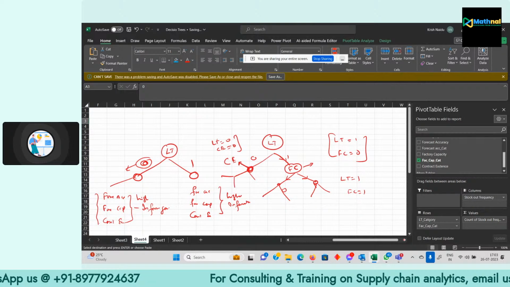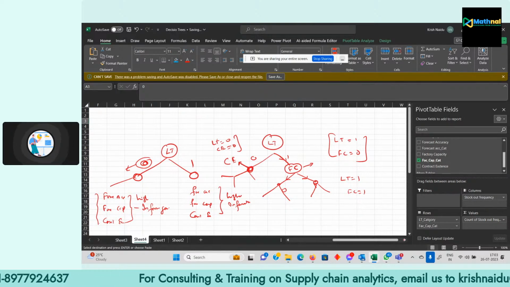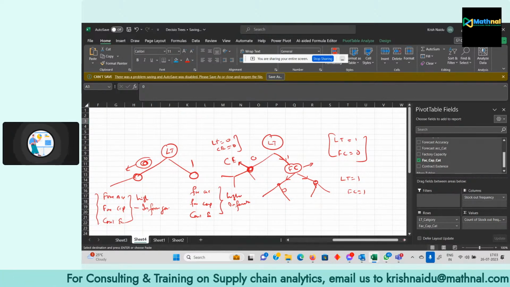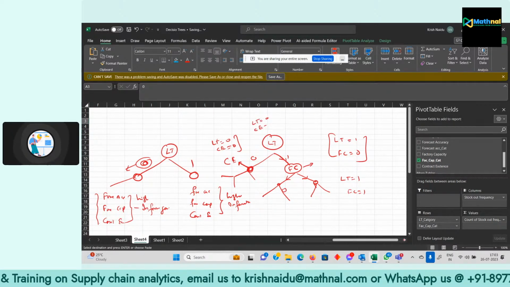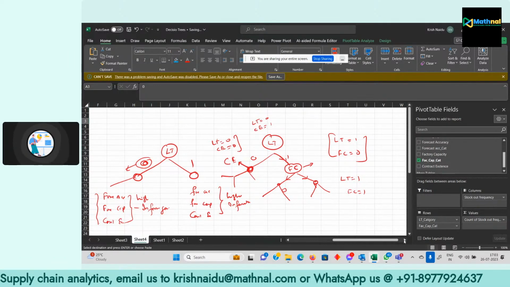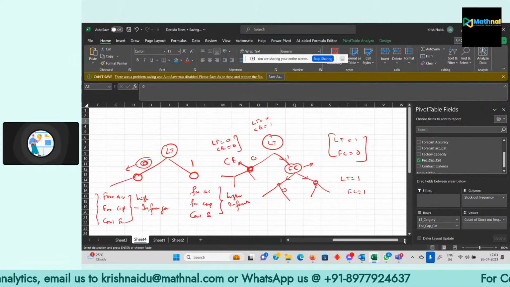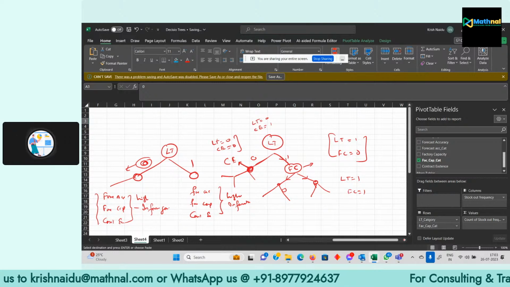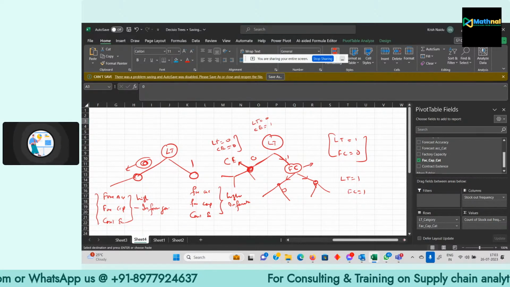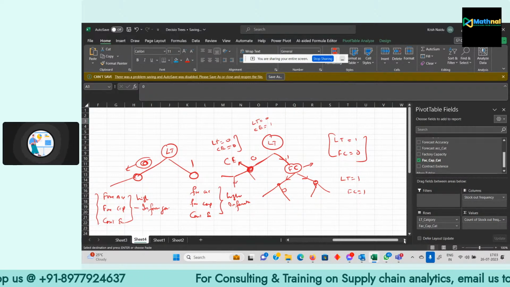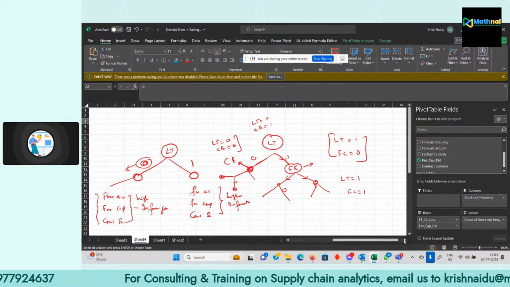Under this, we're going to build our next tree based upon which variable gives the highest information gain. Next, lead time is equal to 0 and contract existence is equal to 1. Under this, we're going to build our next branch.